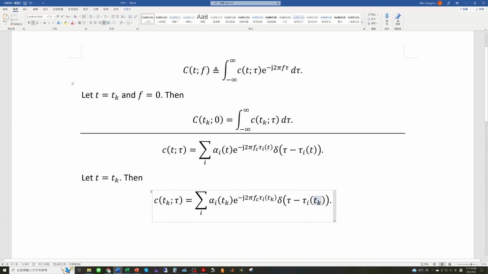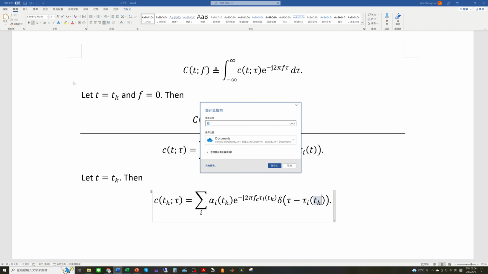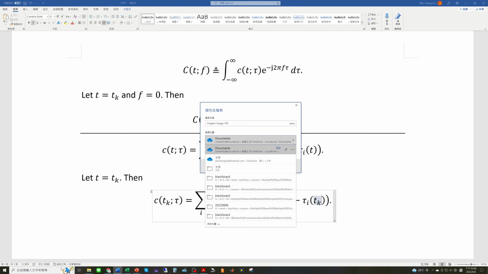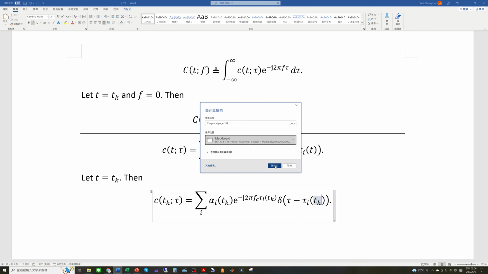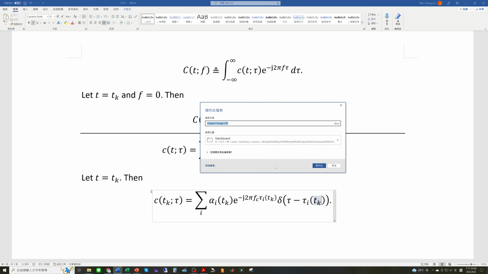Okay, so I think I need to save this first. It is chapter 4, page 199. Save to Blackboard in the memo. Okay, yes, memo.